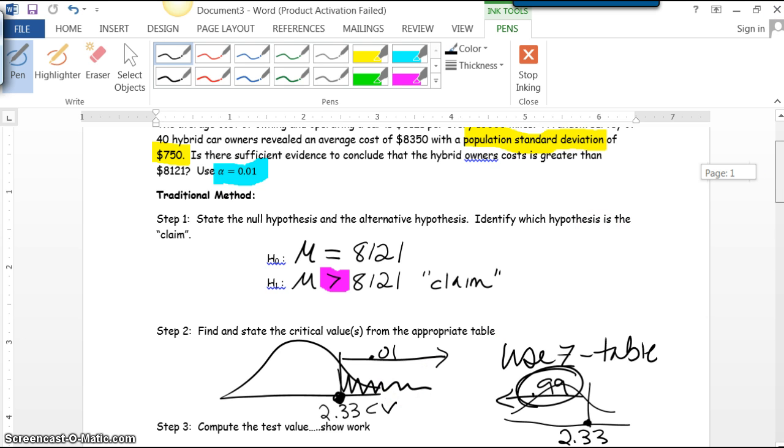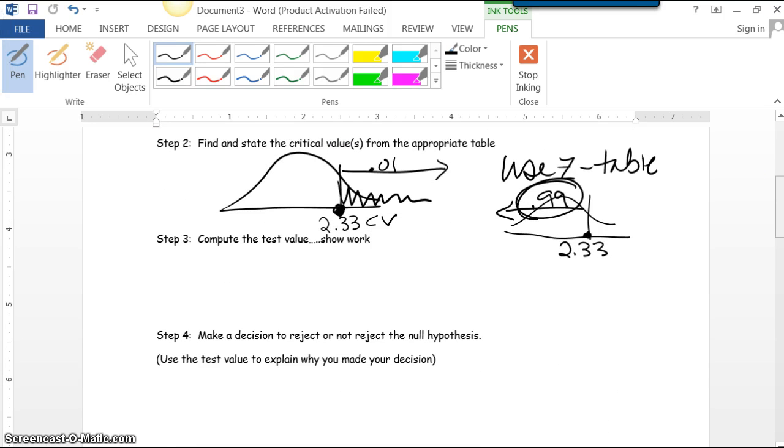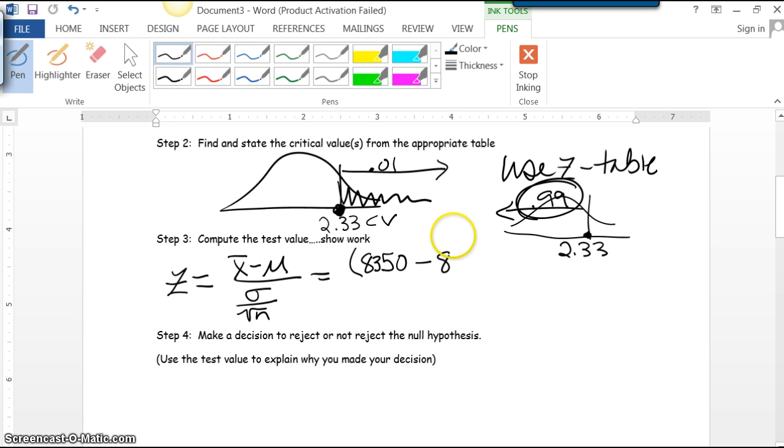Then we're going to calculate our test value. We'll be using this formula. The sample mean that they got from their hybrid car owners was 8,350, and the hypothesized mean was 8,121.